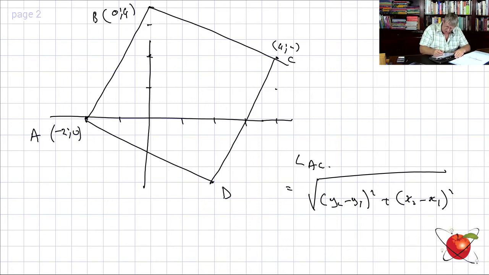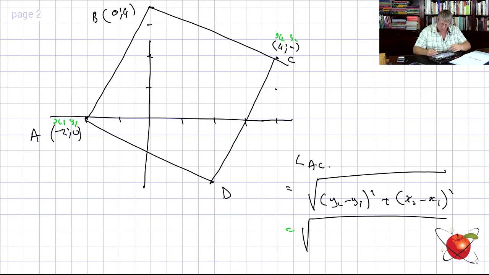So you are x2, y2. You are x1, y1. So let me input into my formula. It is the square root of y2 is 2 minus 0 squared plus x2 is 4 minus 2 squared.